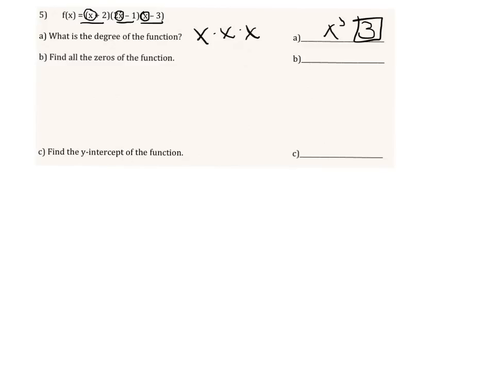Alright. We want to find the zeros of the function, and you want to make sure you can find the multiplicity. So I take each factor, x plus 2, set it equal to 0. 2x minus 1 equal to 0, and x minus 3 equal to 0.